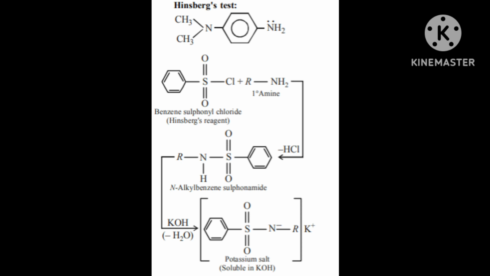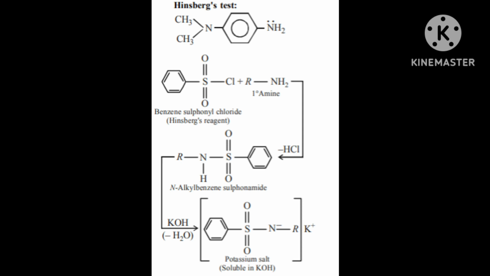H from the N will go as H plus, N will become negative, and Cl from the sulfonyl chloride will go as Cl minus, and sulfur will become positive. In the same way, positive sulfur and negative nitrogen both will join, and the other product will be HCl. Here the product will not be acidic because no H is present there.